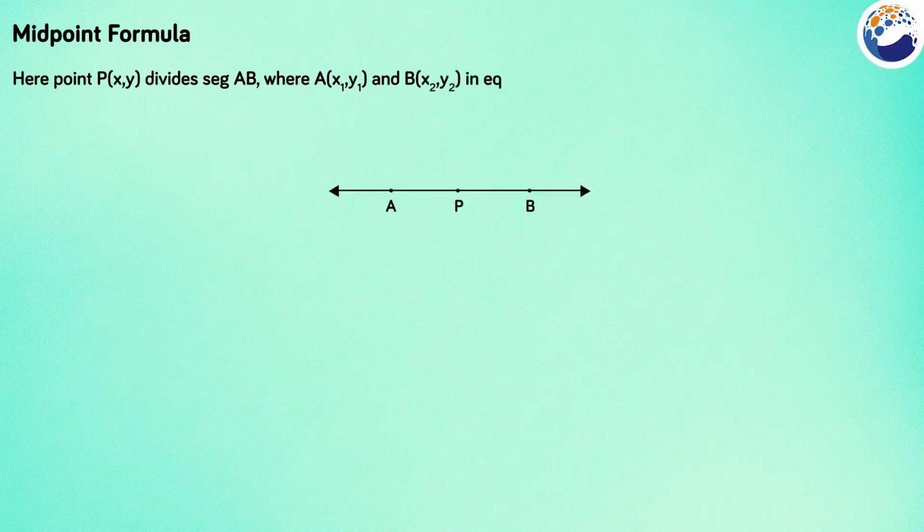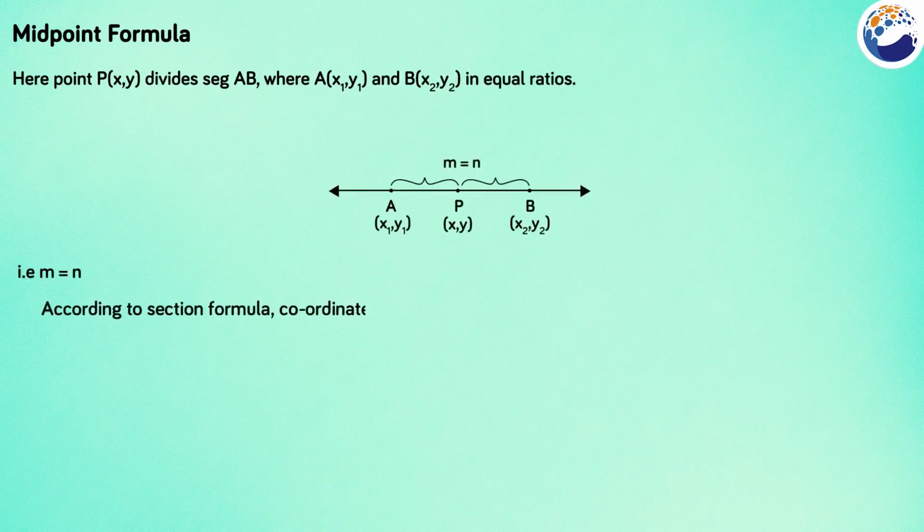Midpoint formula. Here, P whose coordinates are (x, y) divides segment AB, where coordinates of A are (x1, y1) and B are (x2, y2), in equal ratios. According to section formula, coordinates of P are ((mx2 plus nx1) upon (m plus n), (my2 plus ny1) upon (m plus n)).